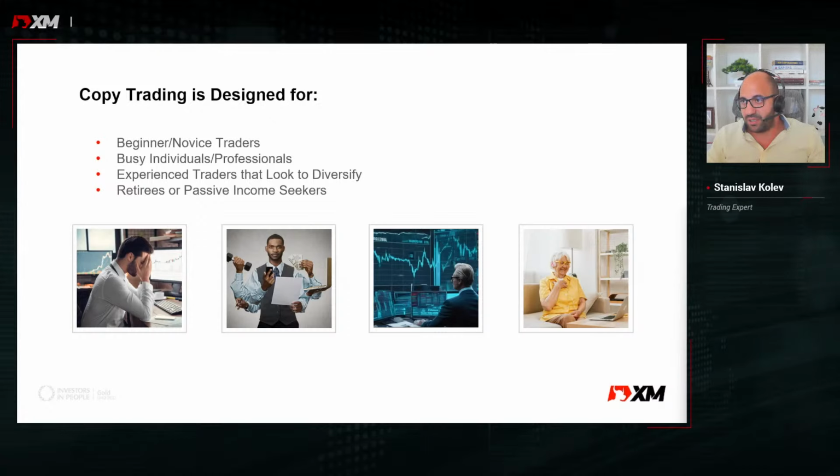Another possibility for you will be that you're a retiree or you seek a passive income. Let's say you're a pensioner, you retired, you have X amount of money. Instead of that money staying under the bed, under the mattress, so called, you could use that to work for you just by addressing these two.